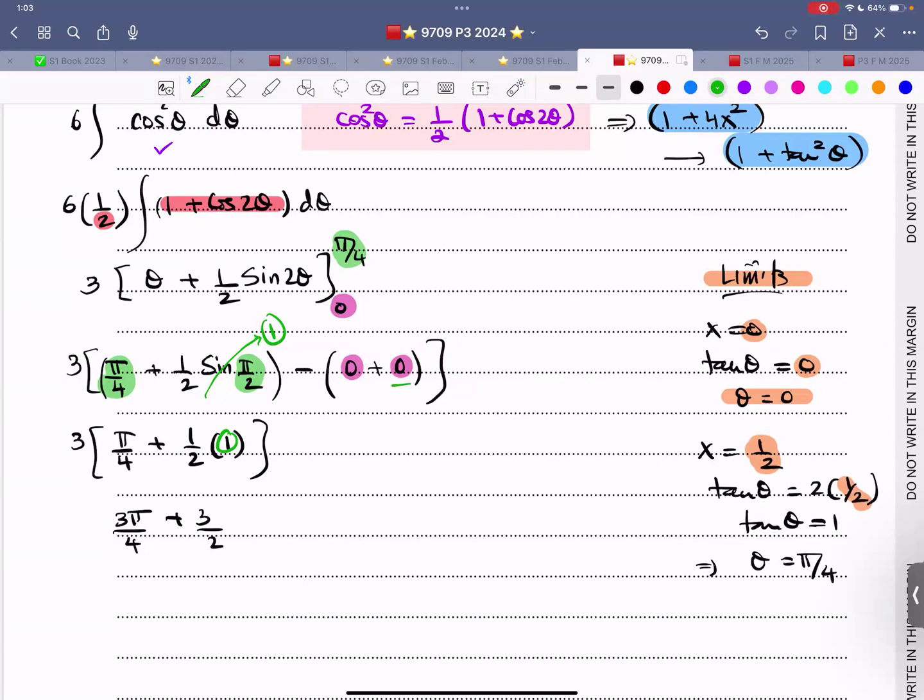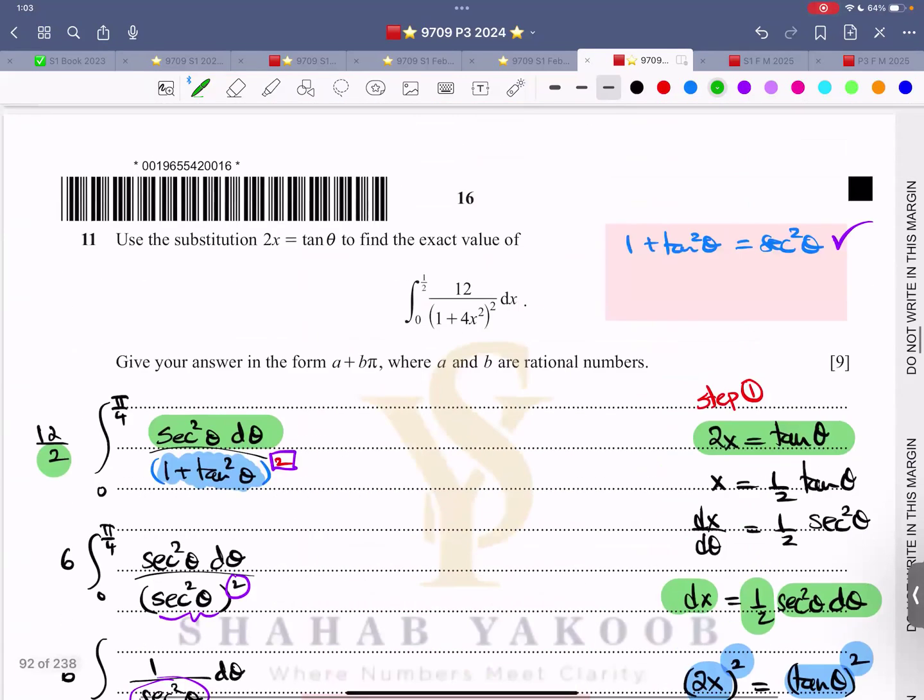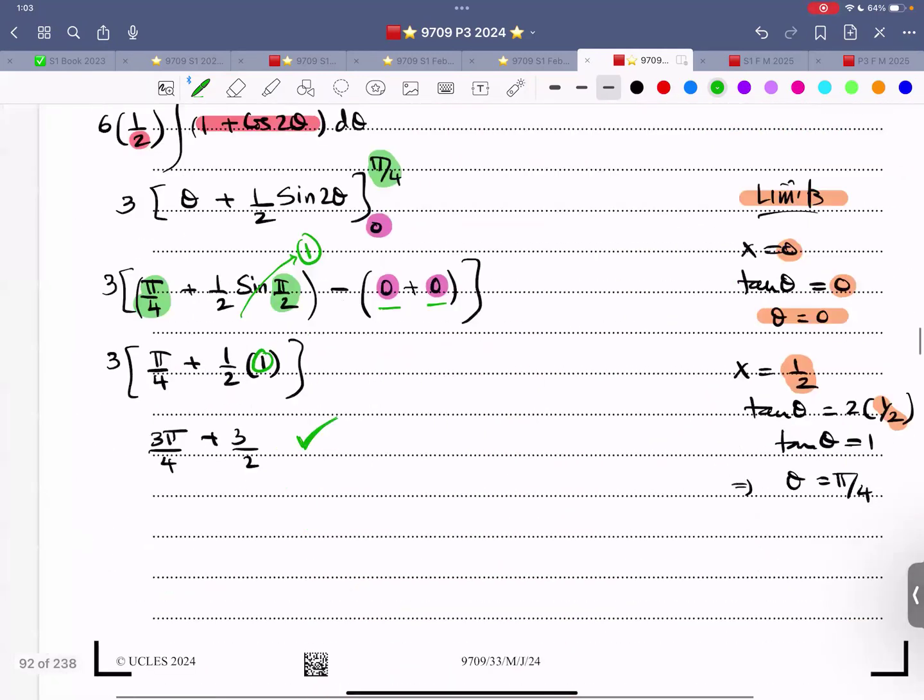And sine of 0 is 0, and we are getting this answer, which is a plus b pi. So this is a, this is b pi. If you want to write the answer separately, you would write a as 3/2 and b as 3/4, ignore the pi. That is how this answer is obtained.